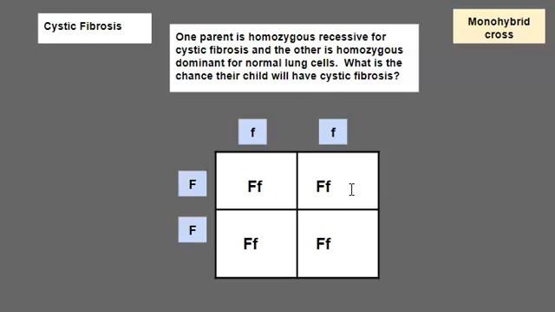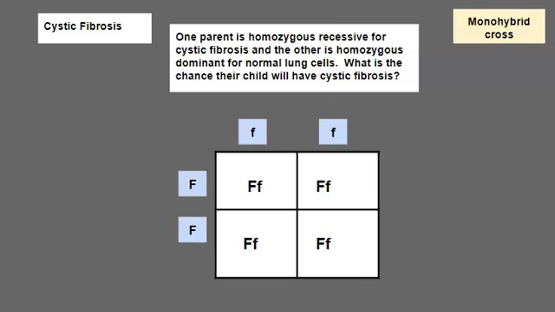And since every possible gene combination the child would inherit has a dominant allele for normal lung cells, this child would have normal lung cells. The child, him or herself, would be heterozygous, meaning they carry one copy of each of the alleles for this gene. The gene would be lung cells.